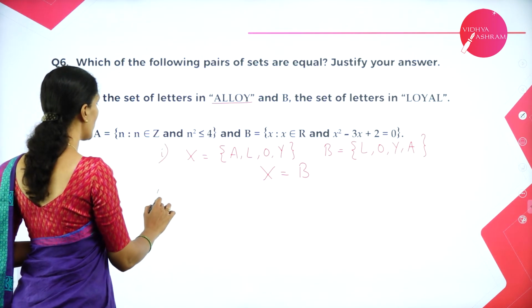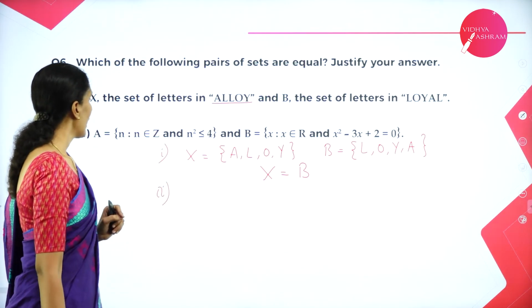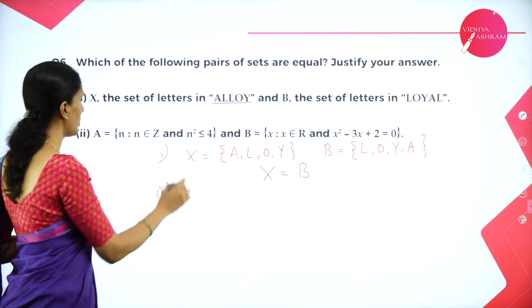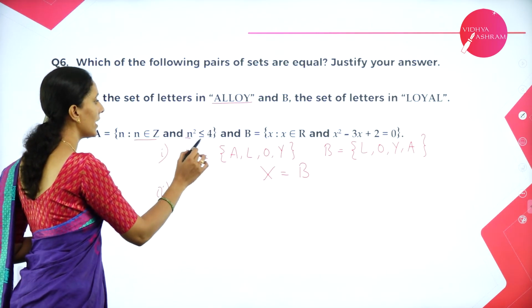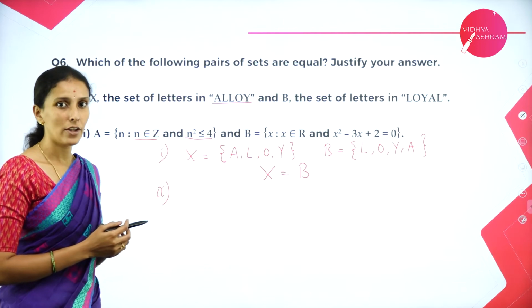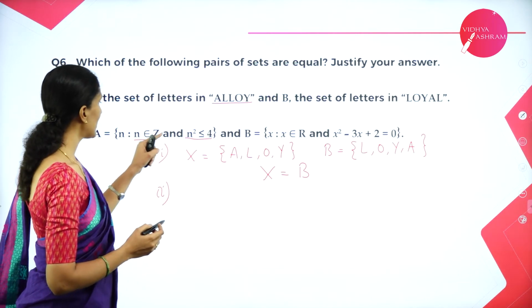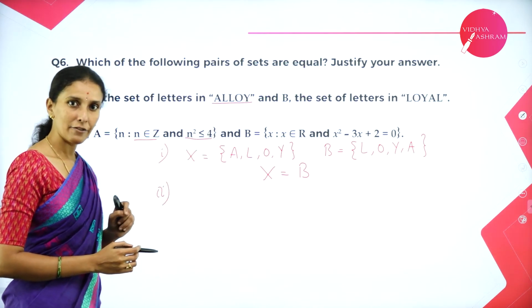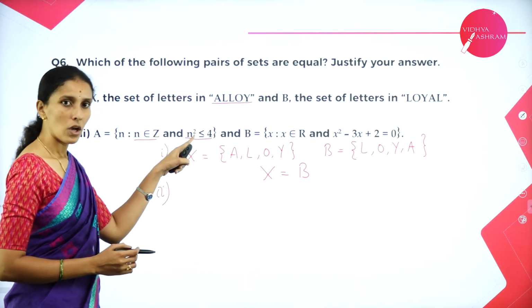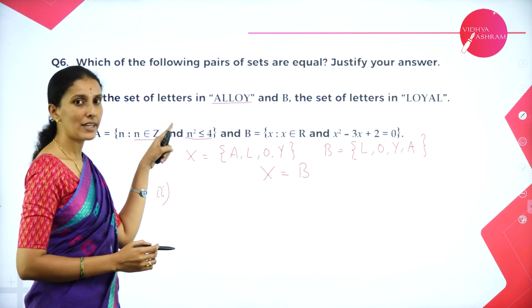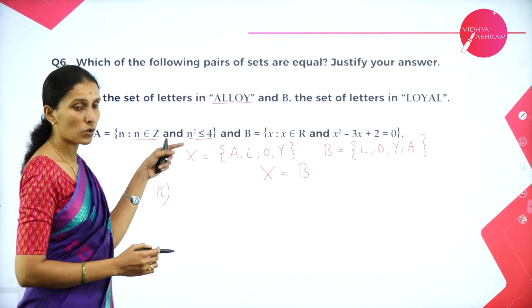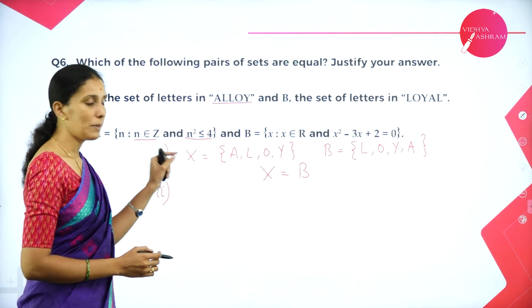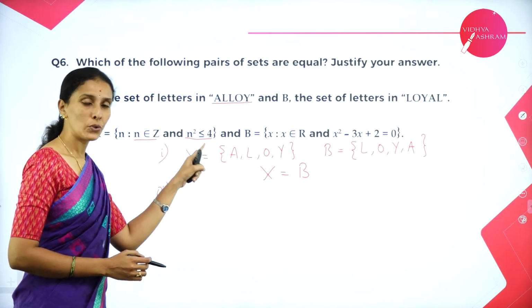And what is the second question given here? A is the set of integers such that its square must be less than or equal to 4. If I take 0, 0 square is less than 4. If I take 1, 1 square is less than 4. If I take minus 1, minus 1 square is also less than 4. Similarly, minus 2 or plus 2 gives 4.